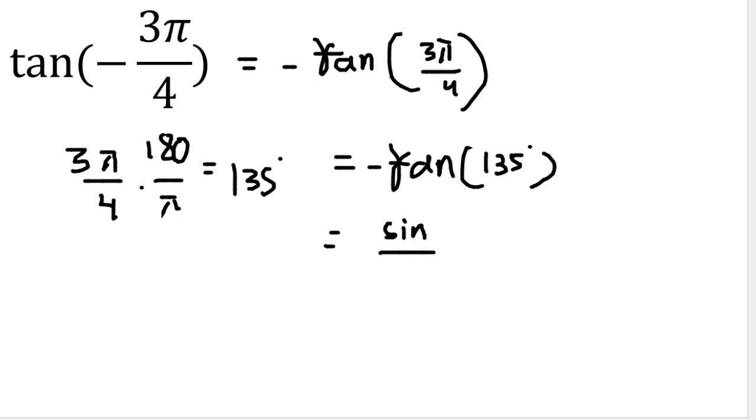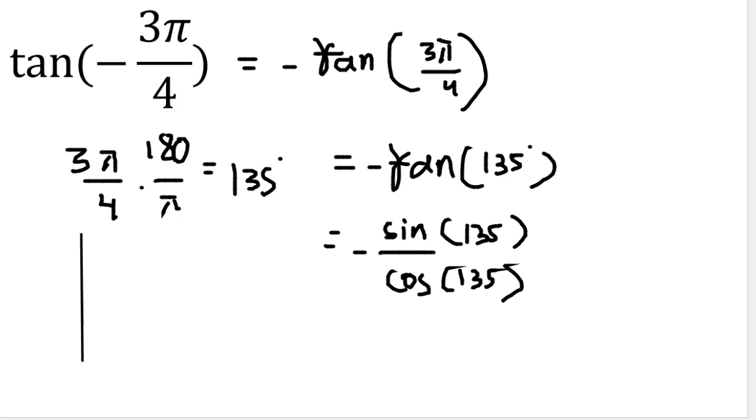Now we can just use this identity. So that's going to be sine of 135 degrees over cosine of 135 degrees. So now we do have this. This is 135 degrees, which is greater than 90 degrees. So we can just use the unit circle in order to know the value of this sine and cosine.